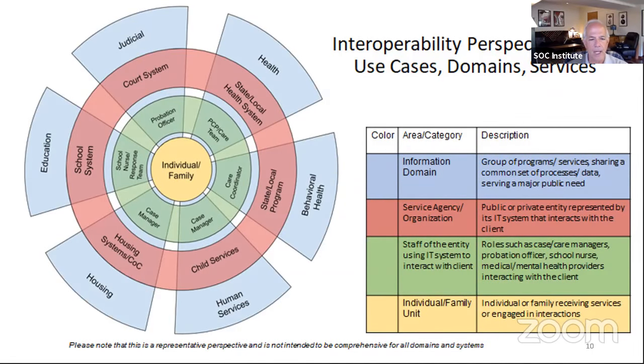At the center is the client of our work, an individual or family, and the pizza slices represent the various disciplines. They mostly correspond with the 6 domains we've talked about in the past, but it's a way to visualize the domains, the services they provide, and the people who are touching or working with the client.